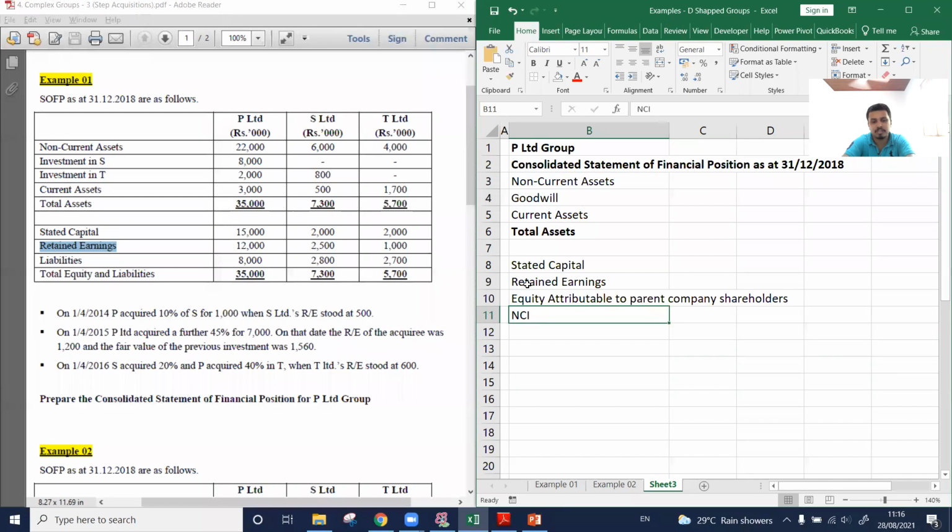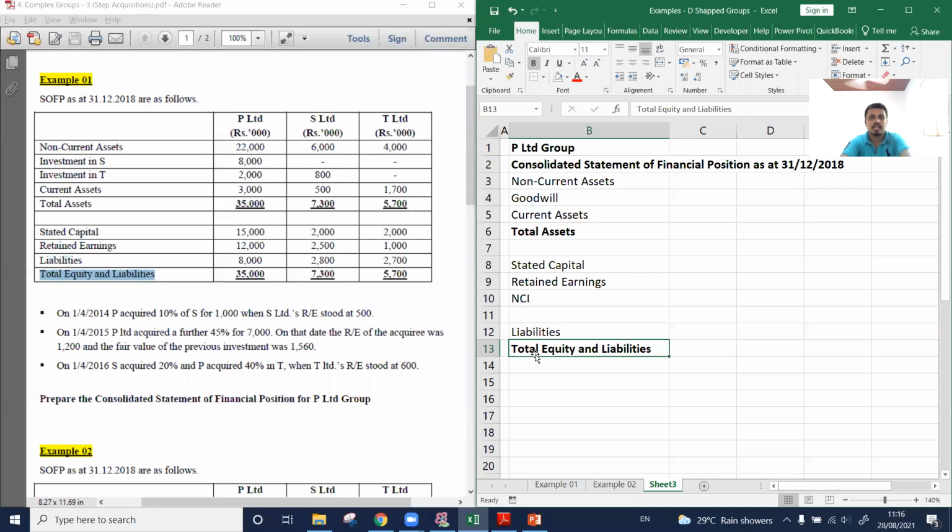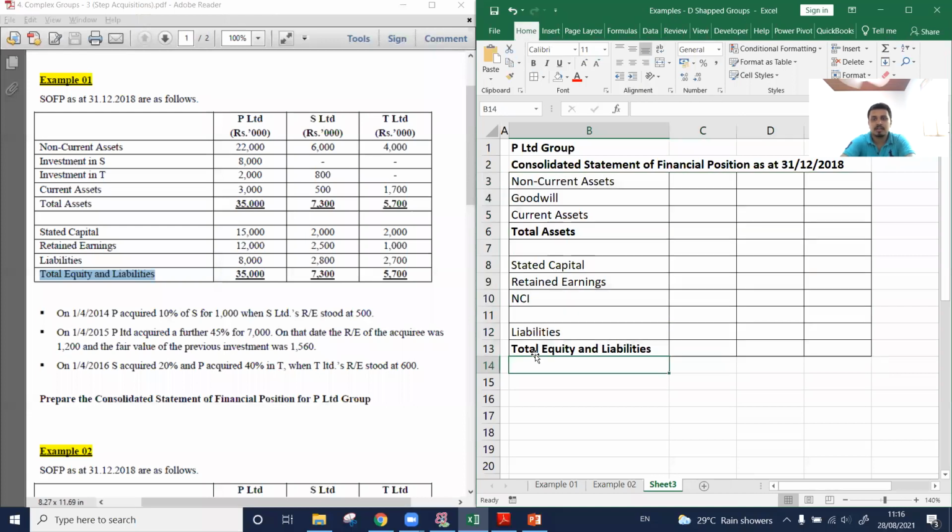So for the moment I will consider directly the NCI value here. And then liabilities. So we should have total equity and liabilities. So this is how our consolidated statement of financial position should be.